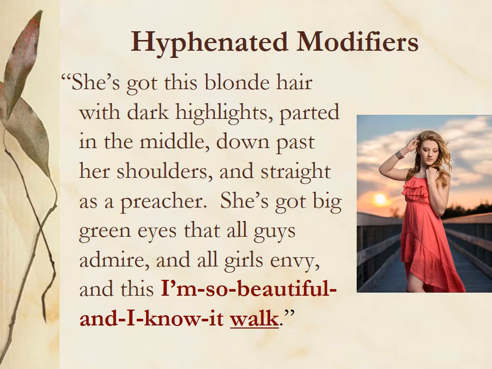So what noun are we describing with a hyphenated modifier? We're describing the word walk. And all of the words that we're using with a hyphen are working together to describe the way she walks. I'm so beautiful and I know it.